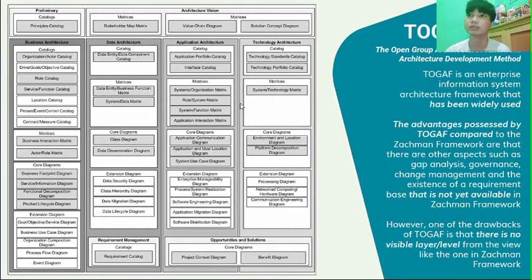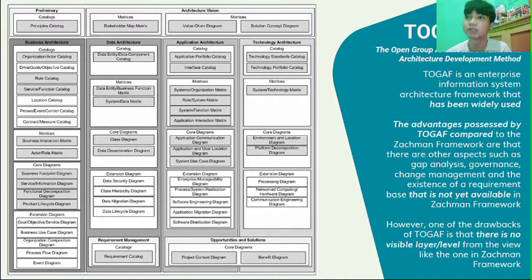And the next is the TOGAF ADM. What it means is the Open Group Architecture Framework Architecture Development Method. TOGAF is an enterprise information system architecture framework that has been widely used.